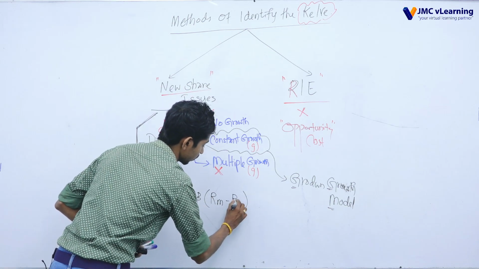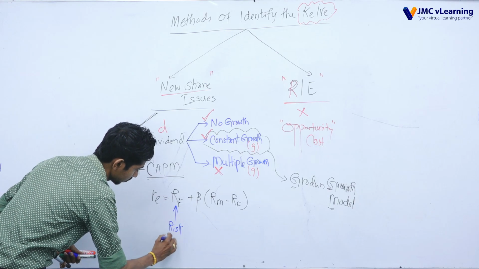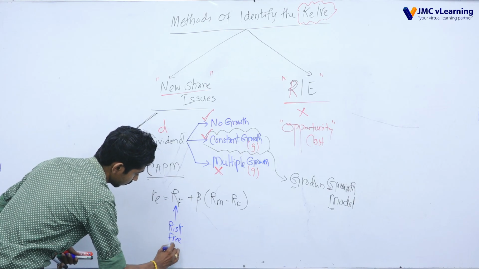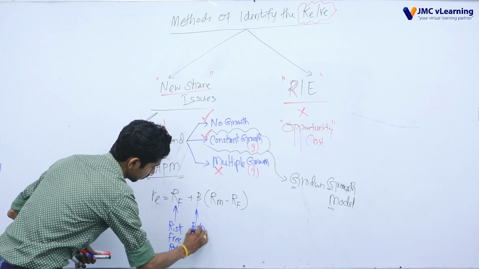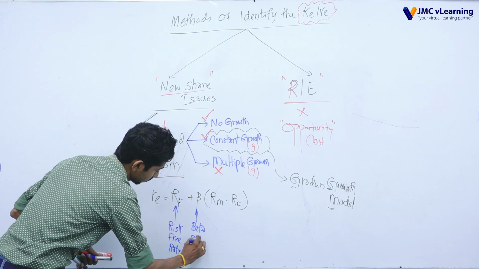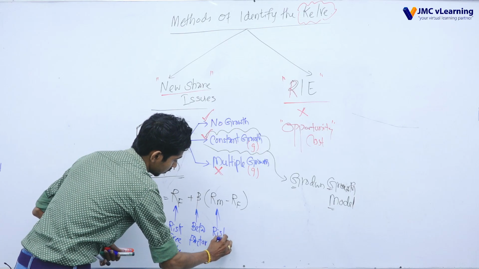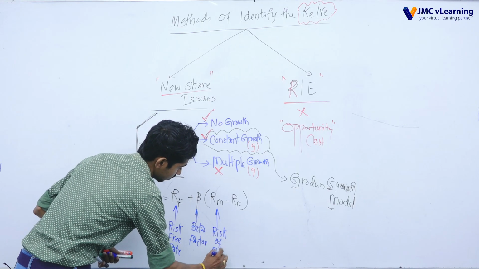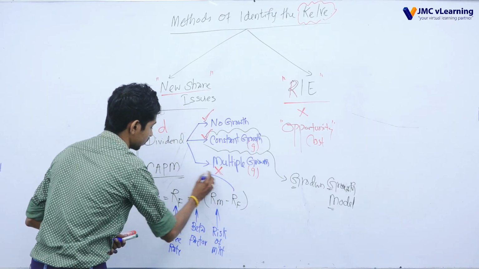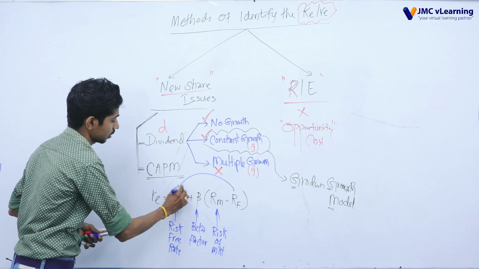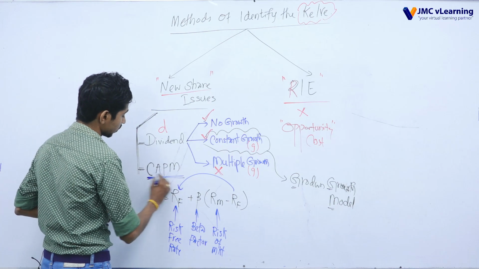Same as before. Risk-free rate, this is the beta factor, this is the risk of market, this is the same thing, no need to worry about it again. Then that is the cost of equity based on the capital asset pricing model.